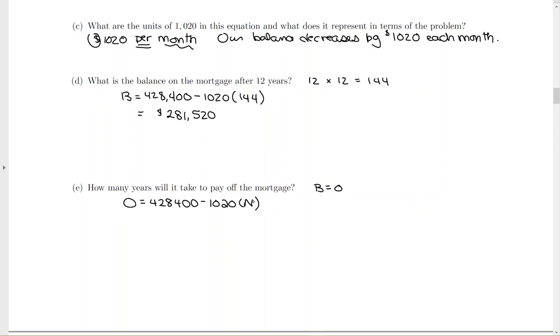But keep in mind, when I solve for N, I'm getting the number of months, not years. So I'm going to have to convert back and get years. To solve this, I'm going to leave this term alone and move the other one over by my subtraction property.